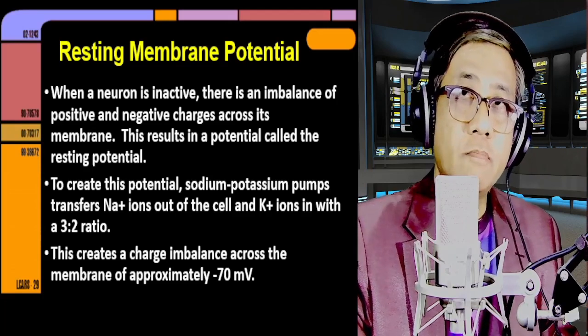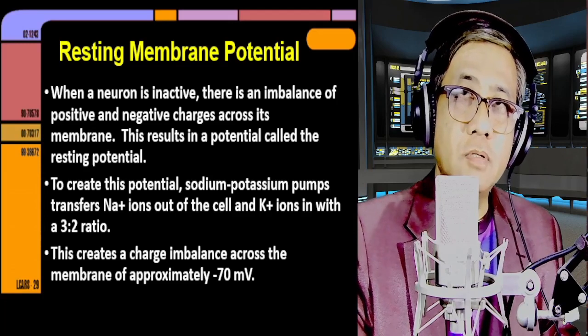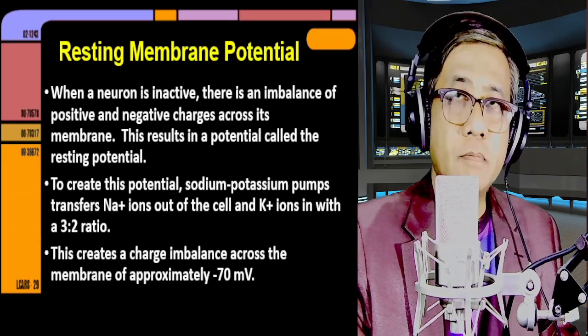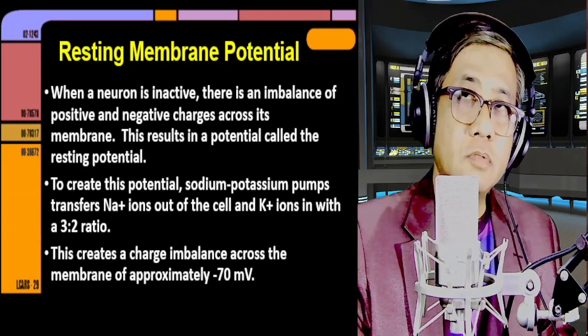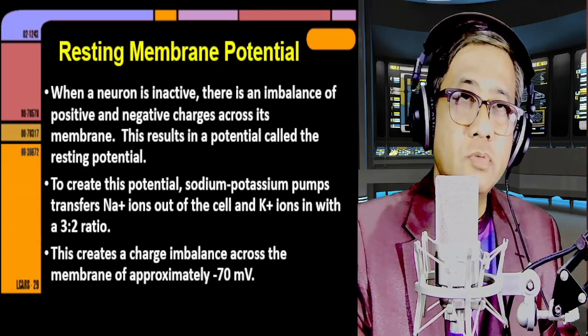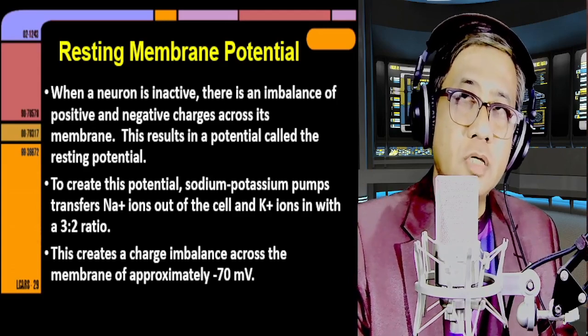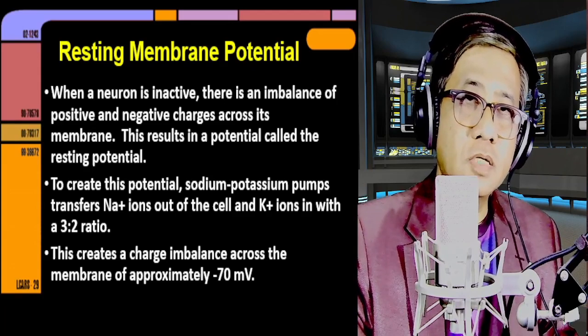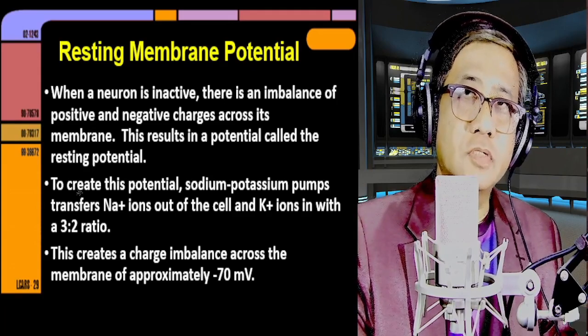So as we have learned before, the sodium-potassium pump pumps 3 sodium ions out and 2 potassium ions in. This will create a charge imbalance across the membrane of approximately negative 70 millivolts.